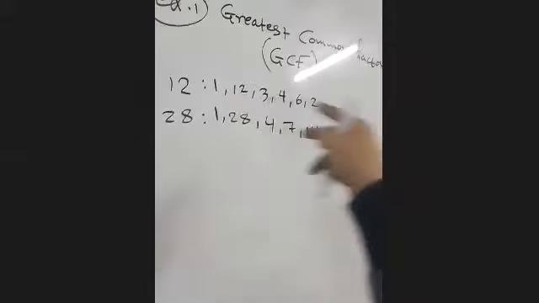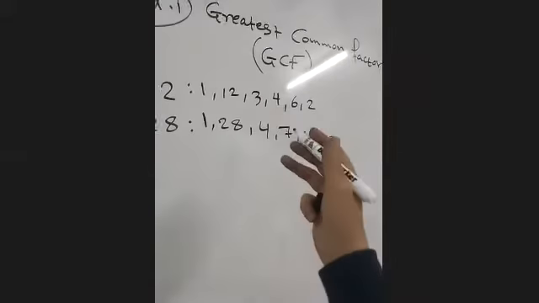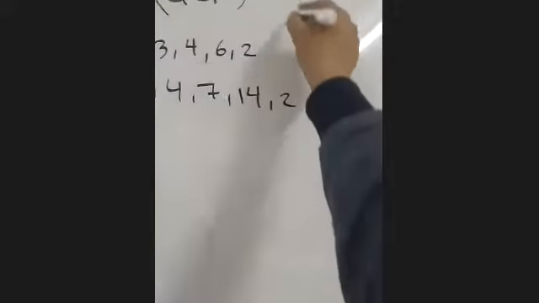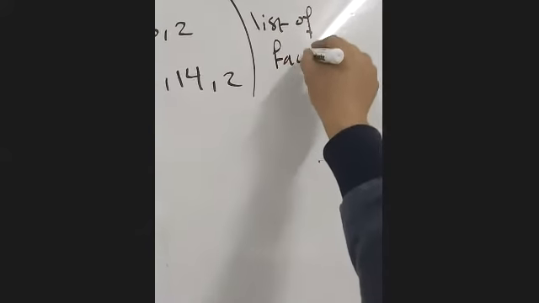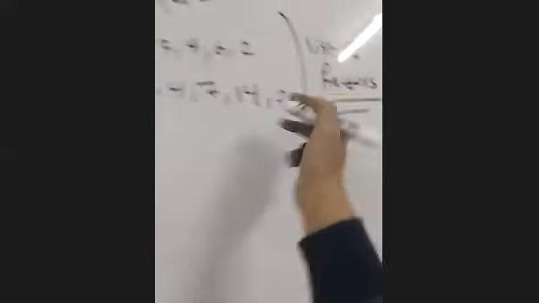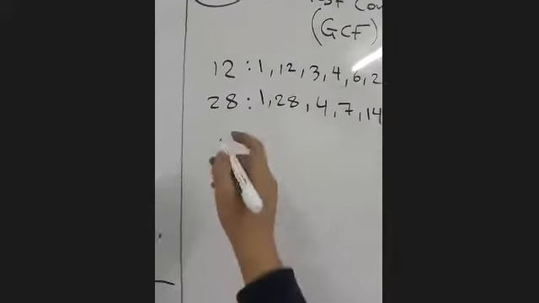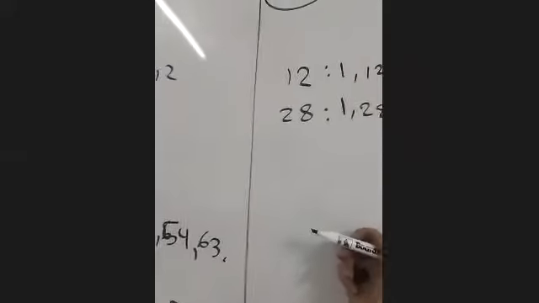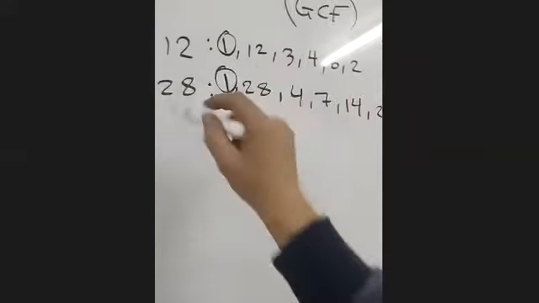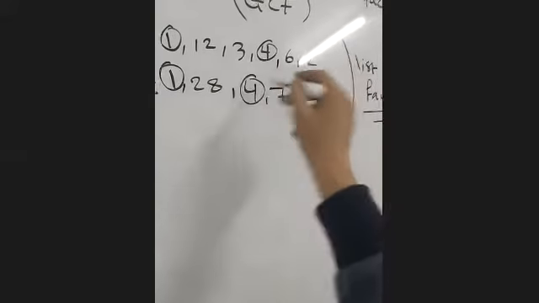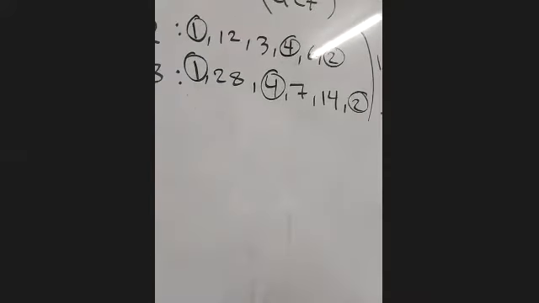Now after we put the factors, guys, we call this way a list of factors. It means you make a list for the factors, then you select the common factors. The common factors are the factors which are here and here at the same time. So we have 1, we have 4, and we have 2, right, Ammar?